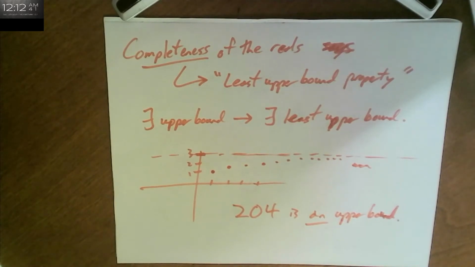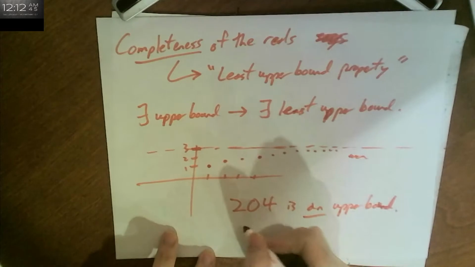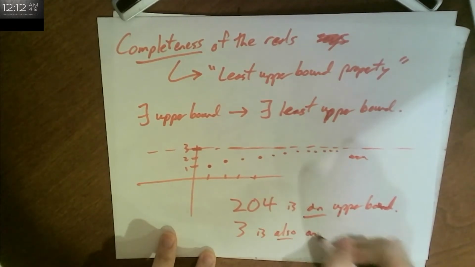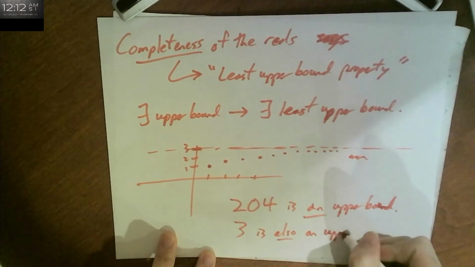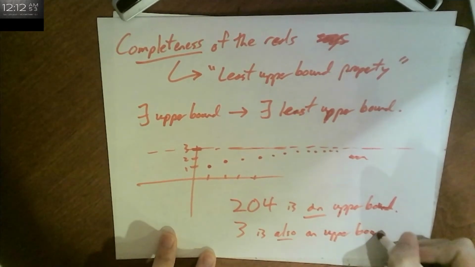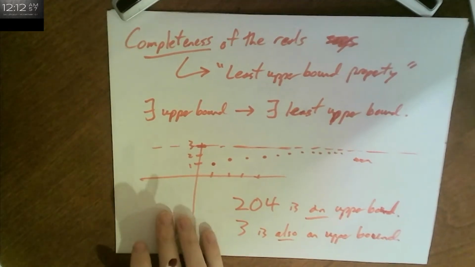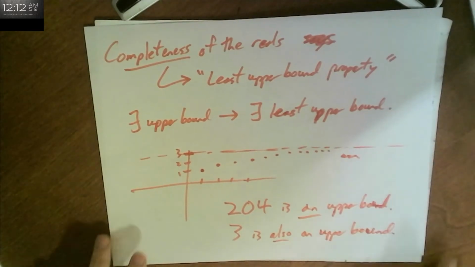We're good. But much more to the point, 3 is also an upper bound. And it's a much better upper bound, right? In that it gives us a lot more information. It's a lot more useful to us.